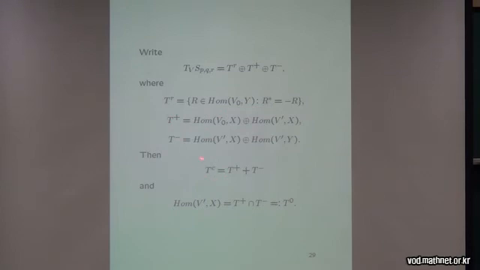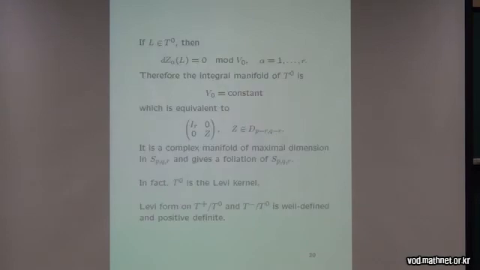Then we can check that the complex tangent space is the union of these, and this part is the common part, so we call it T0. On T0 we can check that V0 is constant, so the integral manifold of this distribution is this. That means there is a complex manifold inside the boundary.